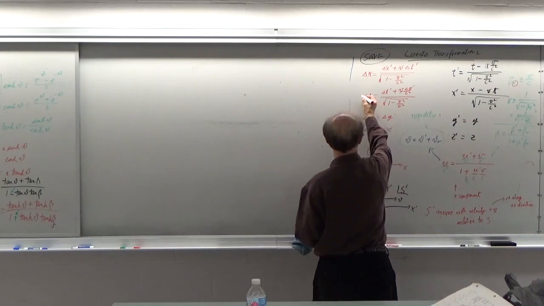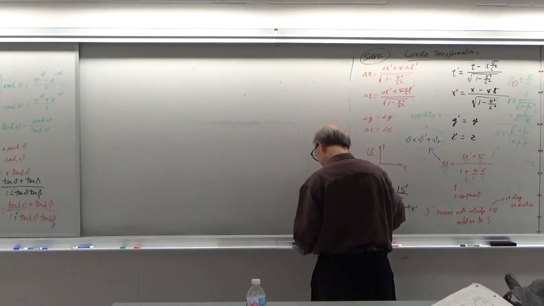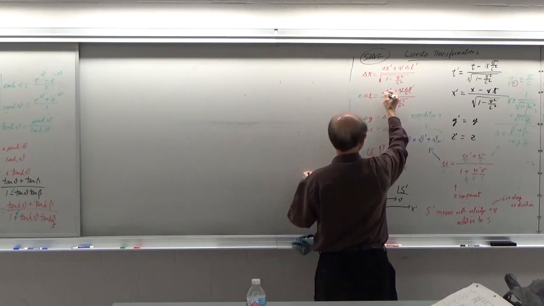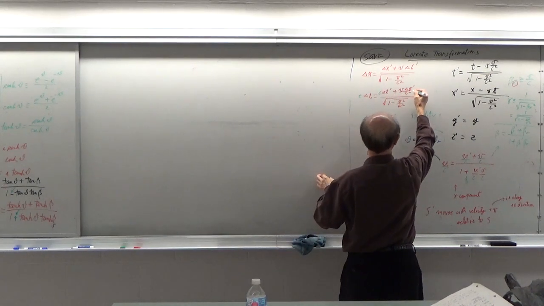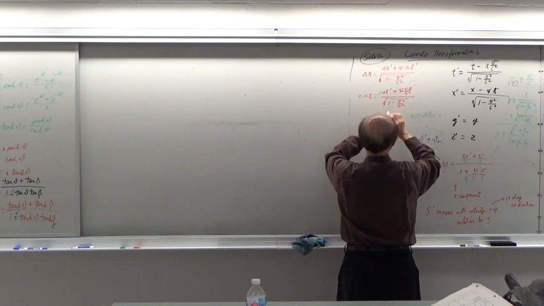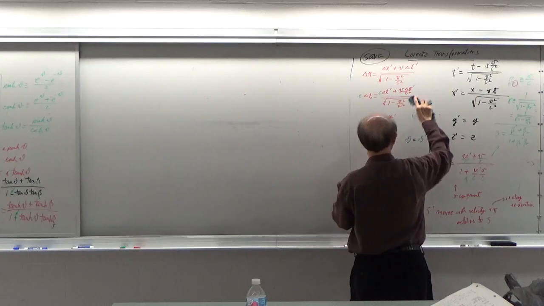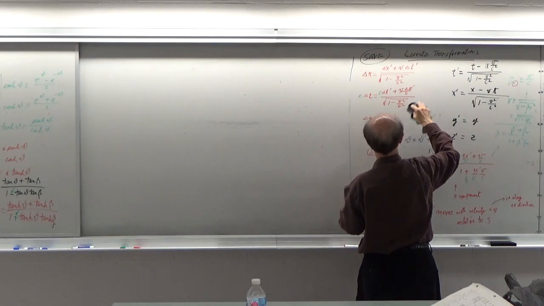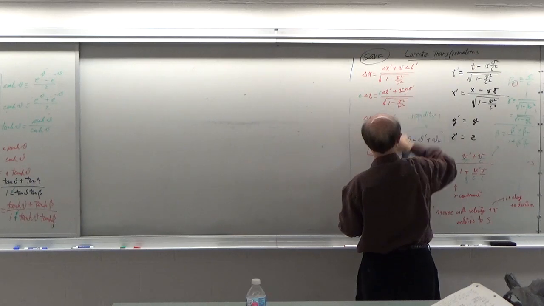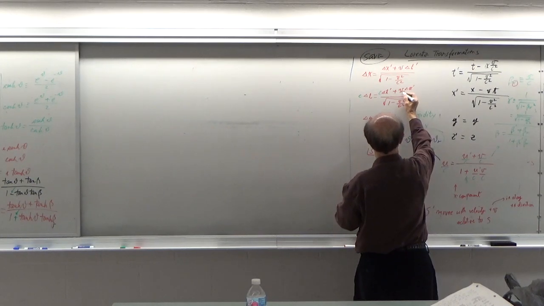If I multiply by c, may I do that? So that's c, times c, so divide this by c. So take one out, and let me put c right underneath v.